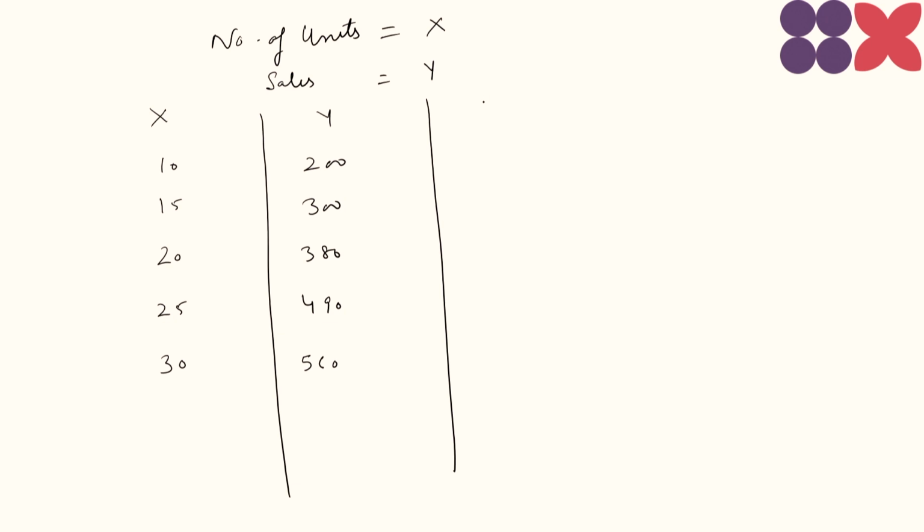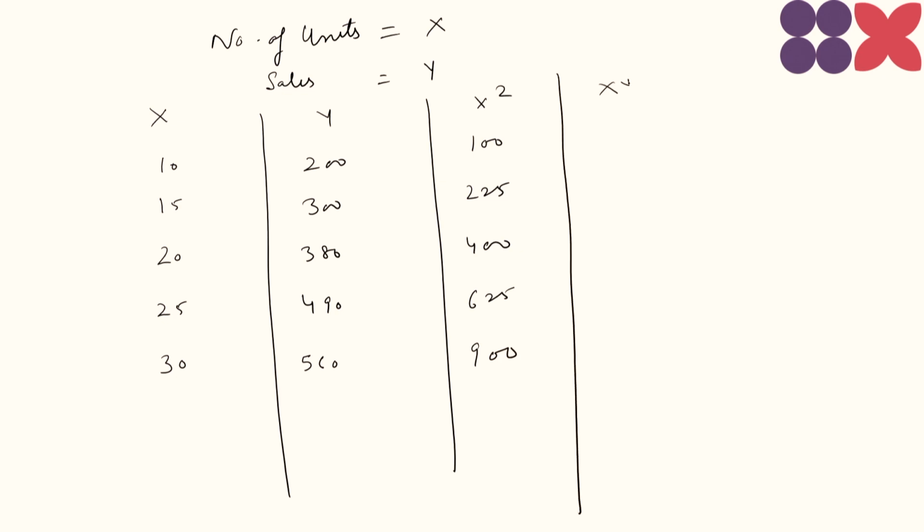So we compute the X square first: 100, then 225, then 400, then 625, and then 900. Now we compute the multiplication of X into Y, that comes to 2000 for the first figure, 10 units sold. Then we got 4500, then 7600, then 12,250, and the last is 16,800.